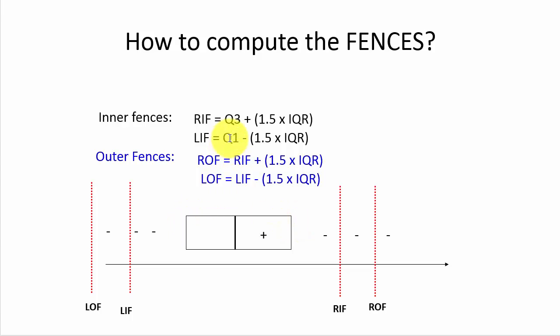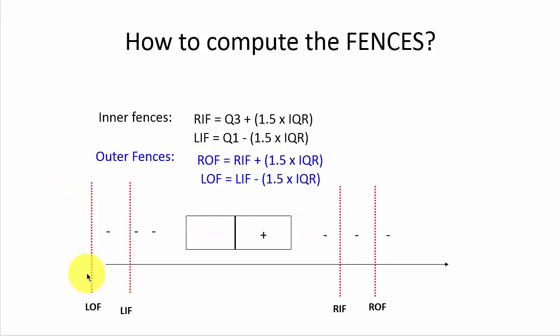So Q1 minus 1.5 times the interquartile range gives you the left inner fence, and Q3 plus 1.5 times the interquartile range gives you the right inner fence. And then the right outer fence is the right inner fence plus 1.5 times IQR, and the left outer fence is the left inner fence, which is this, minus 1.5 times the IQR, which is this minus this, and you get the left outer fence.